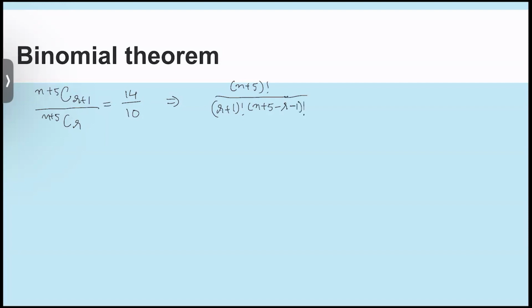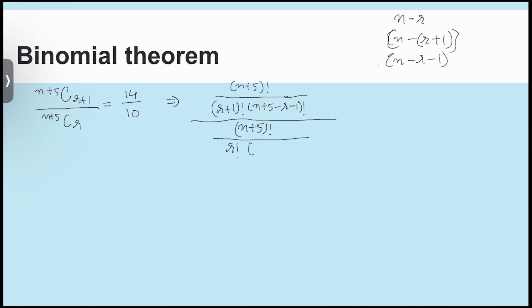Over here, why? Because if we have n minus r and over here your r is r plus 1, so this becomes n minus r plus 1, and then what you're left with is n minus r minus 1. So that's why this is what we get in the denominator, and this would be divided by n plus 5 factorial upon r factorial n plus 5 minus r factorial, and this will be equal to 14 by 10.